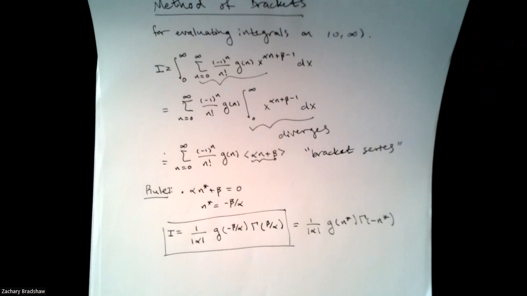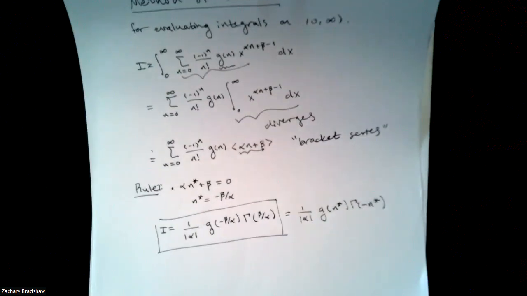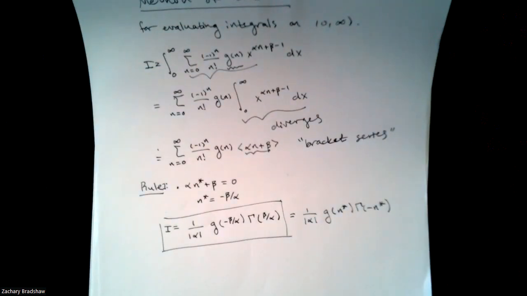We run into an interesting issue when minus beta over alpha is not a positive integer, because all we knew about this function g was that it was a sequence. What would it mean to plug in, say, 1/2 to g? This is something you have to grapple with when you use this method.